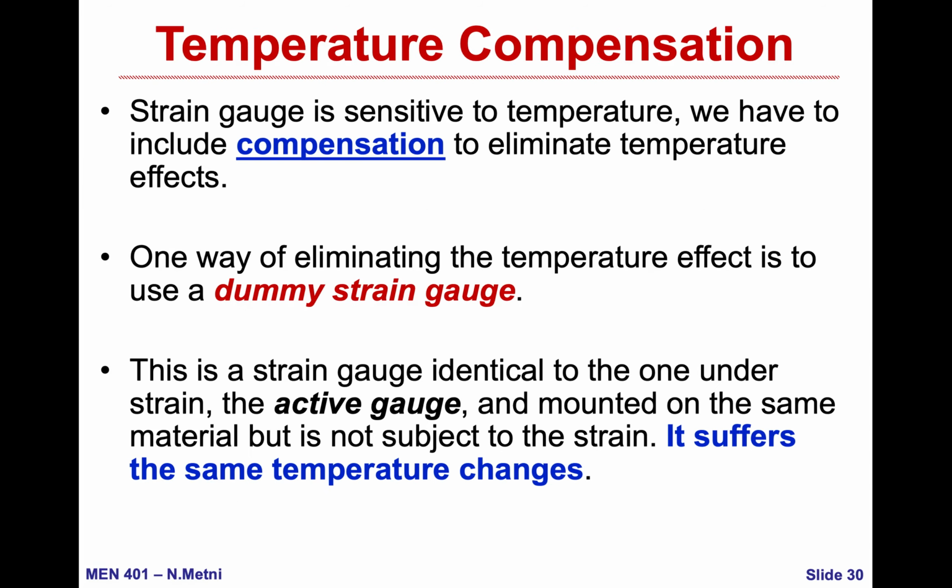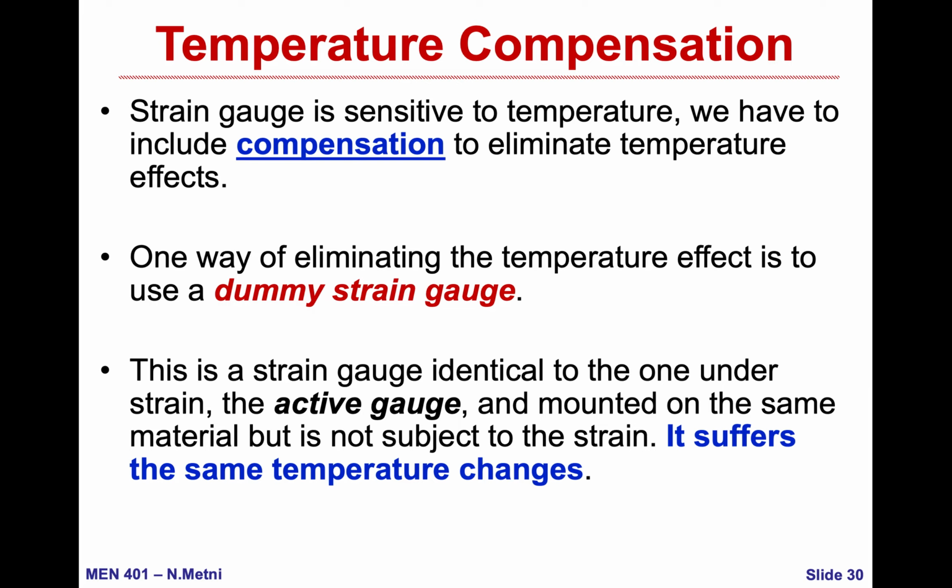So the Wheatstone bridge also can be easily used for temperature compensation. We raised this issue before in class when we explained the sensors that are based on a resistance change, and I said that the problem with these sensors is that they can also measure temperature.